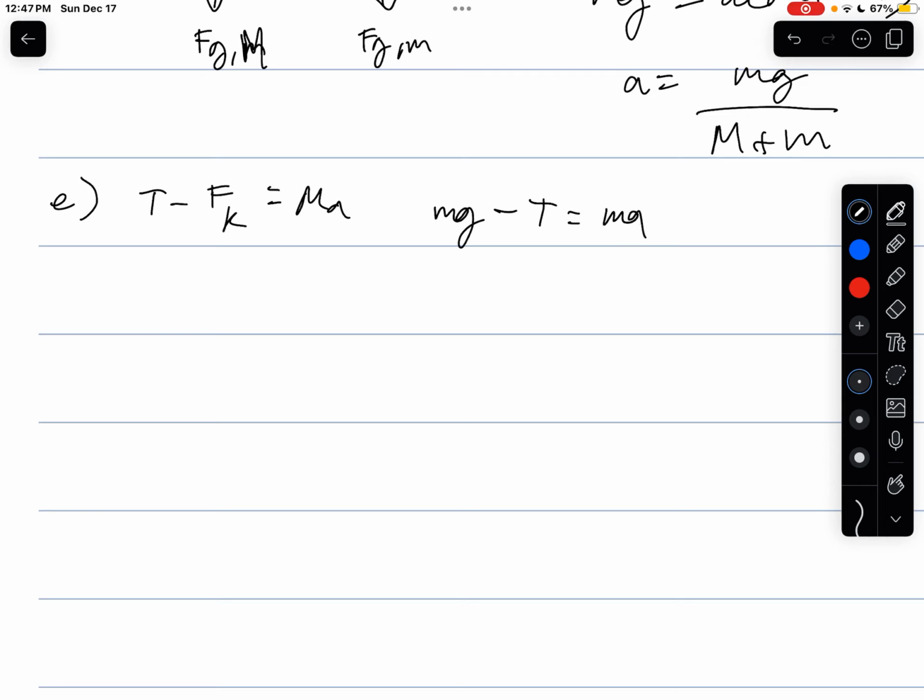And then I'm going to solve for T. Plug this T into the other equation. Expand Fk into mu k Mg. Ma. And then I'm going to get acceleration to the other side.